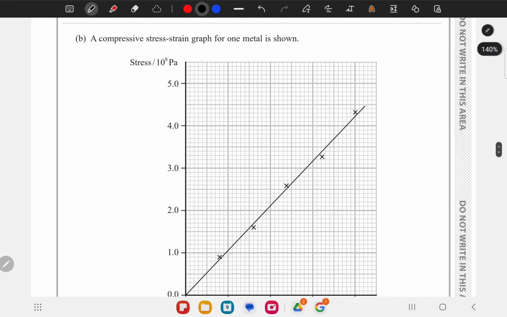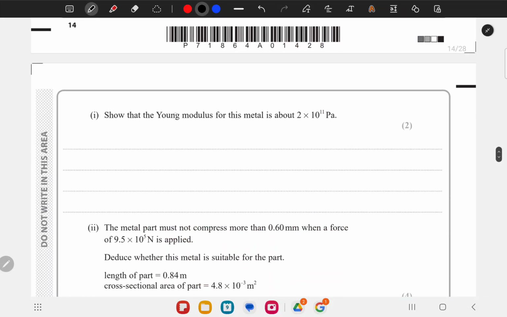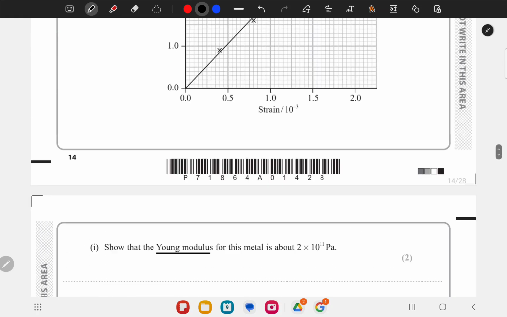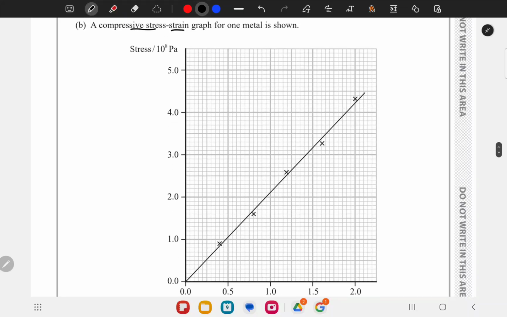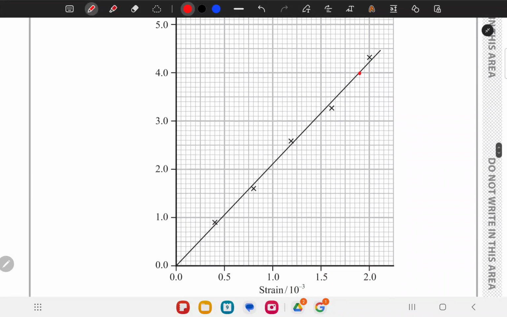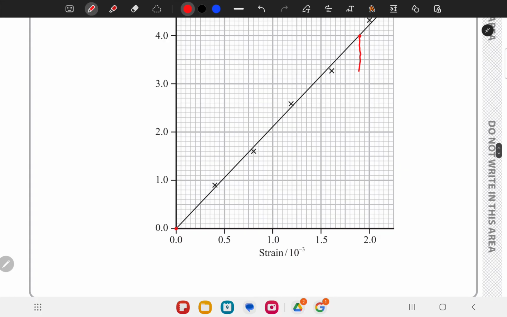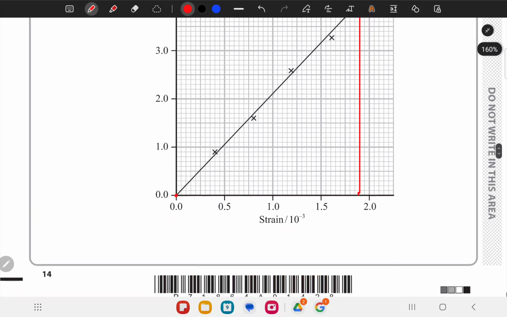Now we are given a graph of compressive stress against strain, and we have to show the Young's modulus. Young's modulus is stress divided by strain. So basically the gradient of this graph. If I take two suitable points, I can take one over here, another one at origin. This point has an x value of, let me find that.